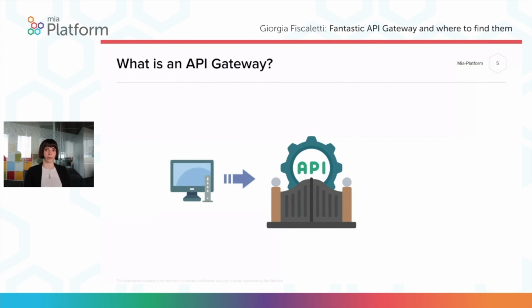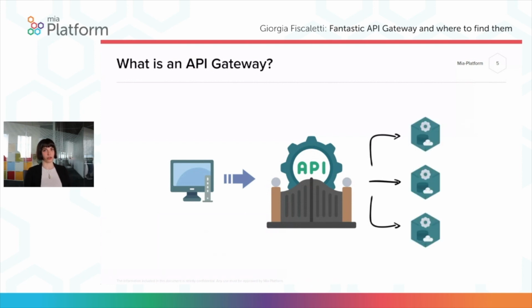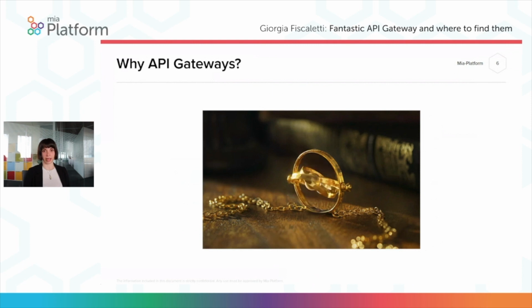And finally, when it has made sure that the request was authenticated and authorized and that the client had all the permissions to access the resource, the API gateway forwards the request to the correct underlying service in a unique way.